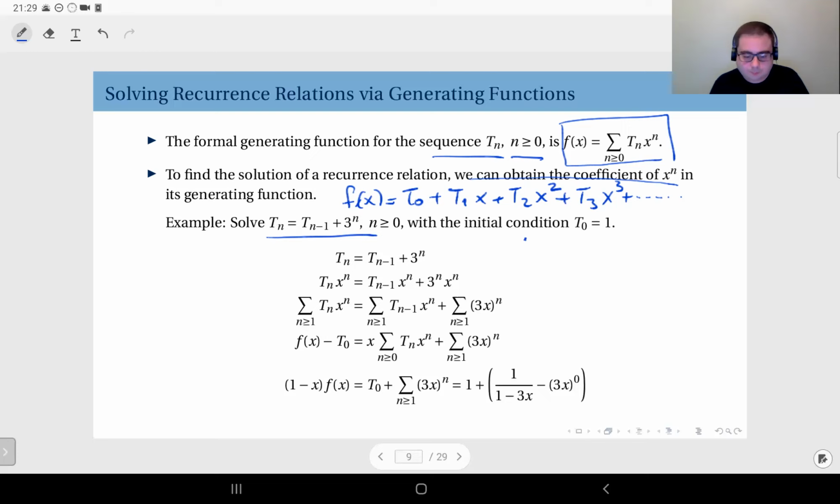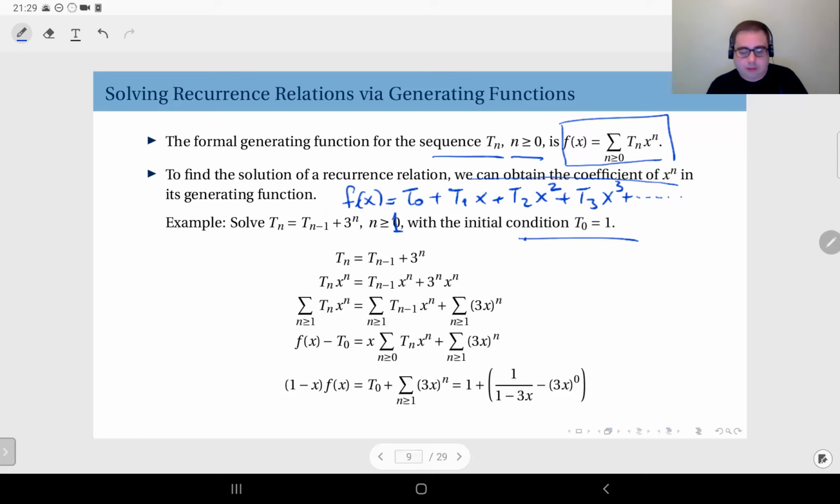Well, in this case, this should be maybe n greater than or equal to 1, because this here is going to be T0 for n equals 1. But we are not going to look at negative indexes, so we can start n from 1. And we are also given the initial condition t0 equals 1.